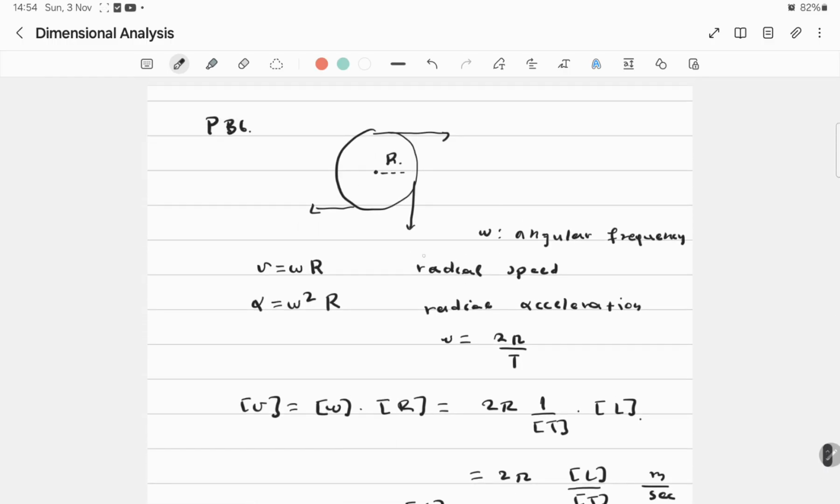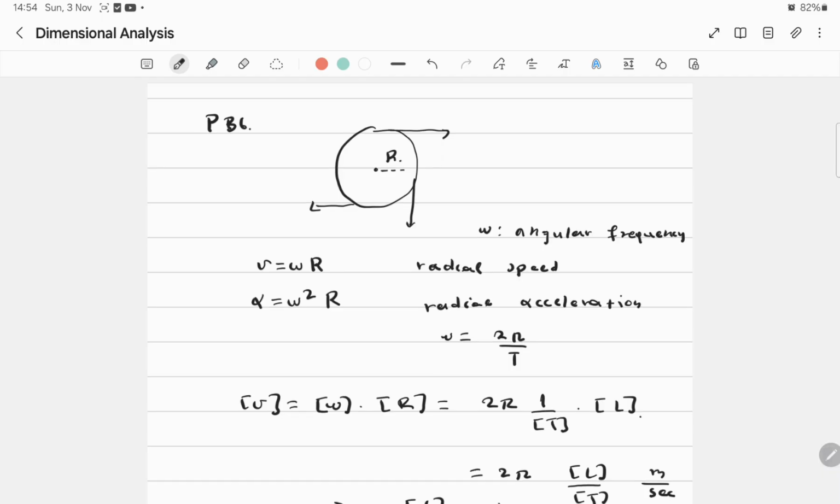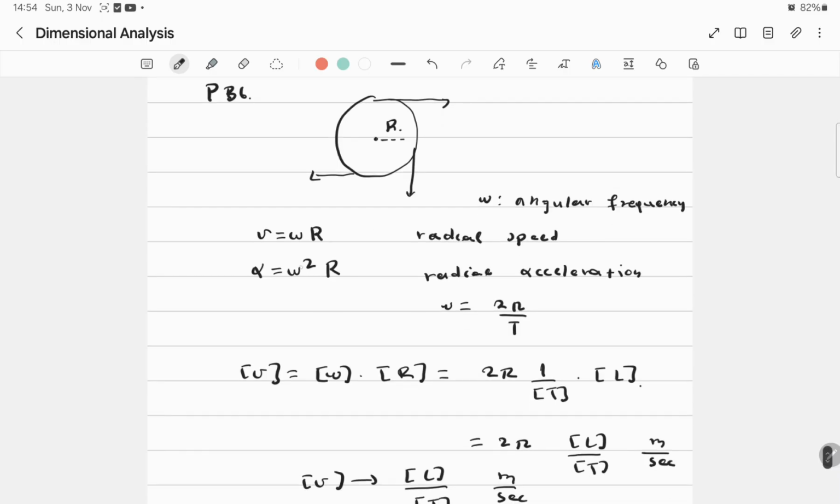The radial speed depends on the angular frequency and the radius of this disk here, and the radial acceleration depends on the angular frequency squared times the radius.